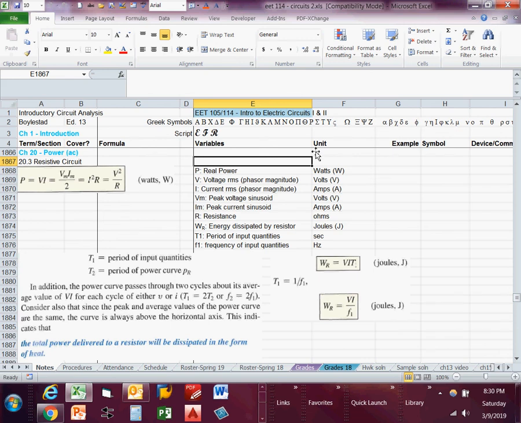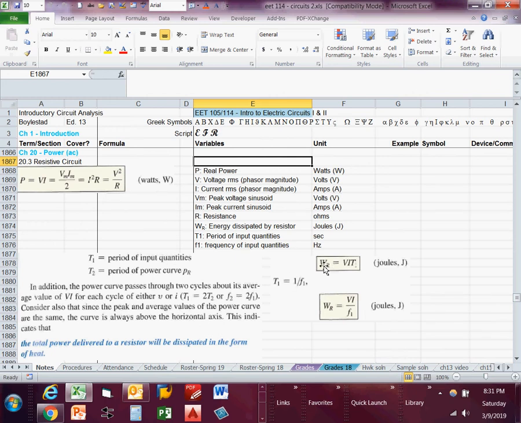EET114, chapter 20, AC power for a resistive circuit. P equals VI. Note that VI, the phasor RMS magnitude, is also equal to VM times IM, which are the peak sinusoid magnitudes, divided by 2, equals I squared R equals V squared over R, in watts.